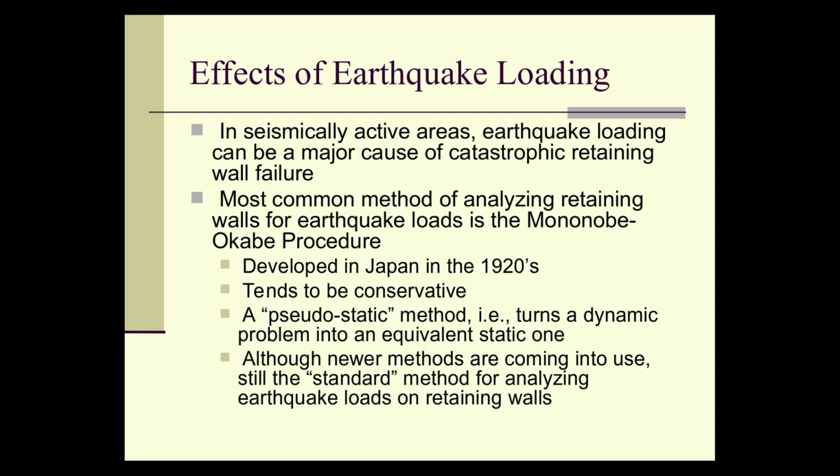So what Mononobe-Okabe does is, instead of trying to dynamically model and require them to get out their dynamics textbooks and freak out, it basically says, we're going to take this earthquake load and we're going to have an equivalent static load. Although newer methods are coming into use, it's still the standard method. It's not the greatest, but it's conservative and it's worked fairly well over the years.